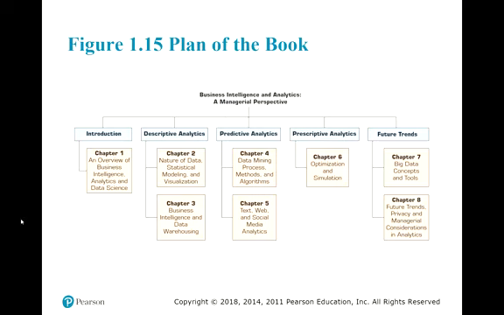There are also two chapters talking about future trends in terms of artificial intelligence and big data. We will focus on the middle three categories throughout the semester, the three different types of analytics. In particular, I want you to have confidence in using tools to do descriptive analysis and a little bit of predictive analysis in this course.